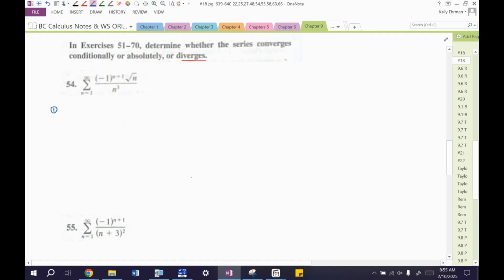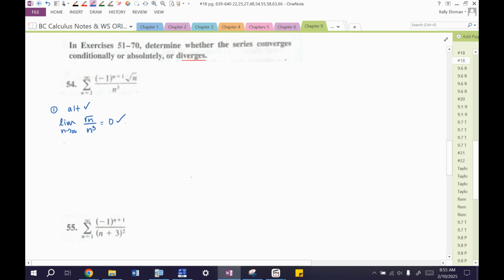So this is alternating. So I'm going to apply the alternating series test. The terms are alternating. Take the limit as n approaches infinity of the square root of n over n cubed. That's bottom heavy. You could also simplify that. That's 1/2 minus 3. That's 1 over n to the 5/2. But that's 0, so that's good.